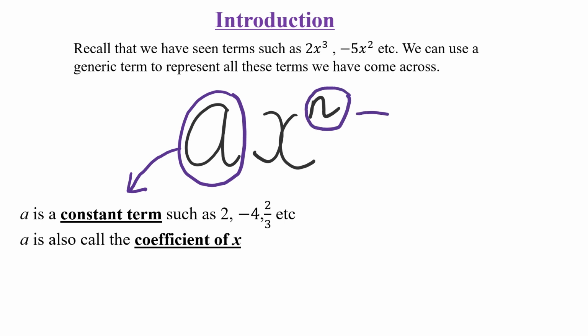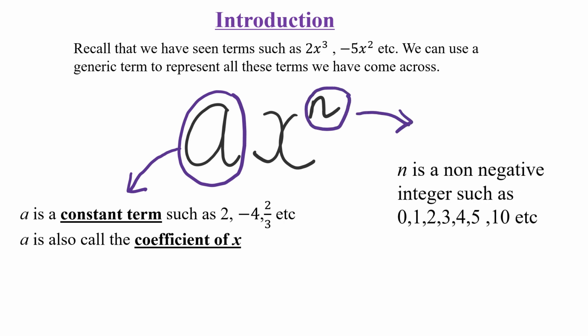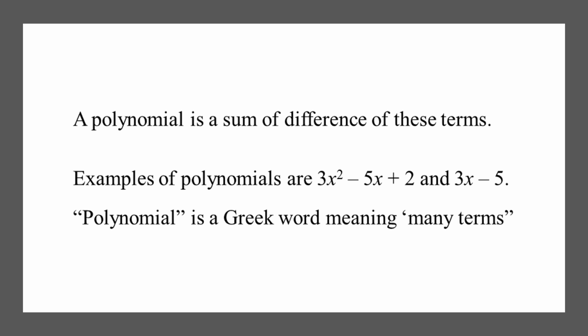And then what does N represent? N represents a non-negative integer. So what are non-negative integers? They're basically 0, 1, 2, 3, 4, 5, or 10, etc. A polynomial is actually a sum or difference of these terms.